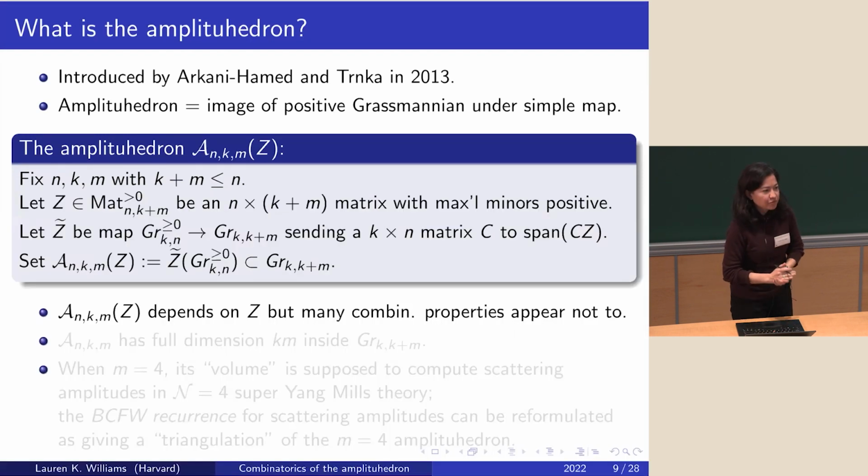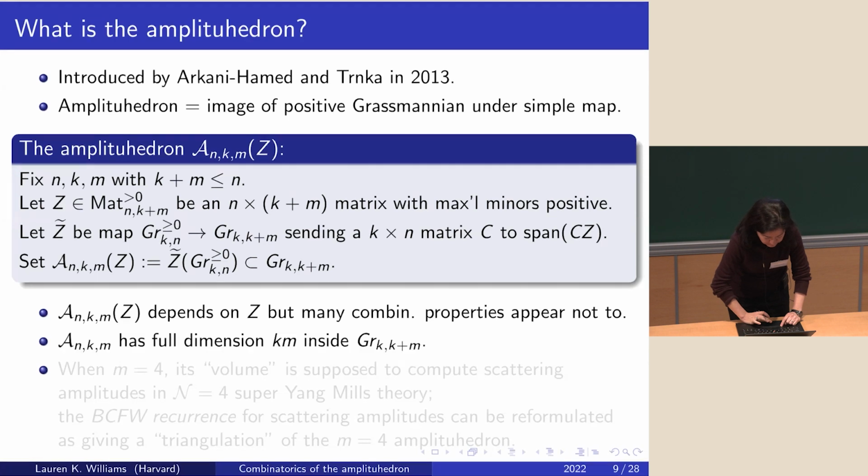Okay, so a few comments that I'll make. One is that the amplituhedron depends on Z, but many of its properties appear not to. It has full dimension km inside the Grassmannian, so it has the same dimension as the Grassmannian that it is living inside.